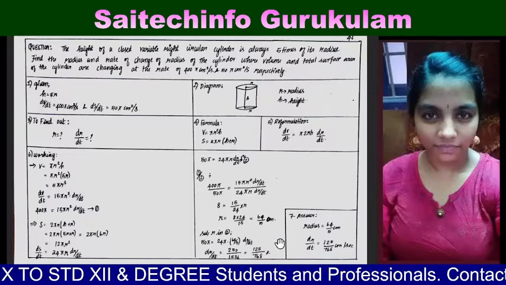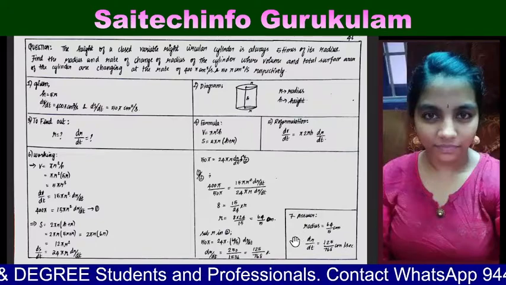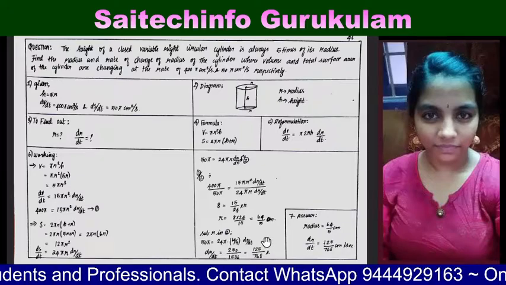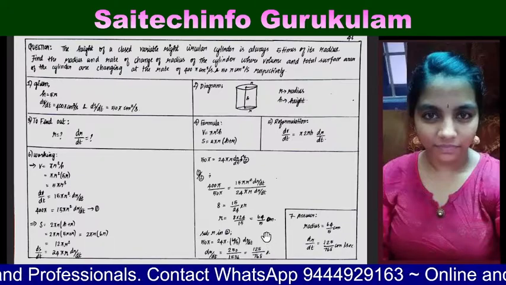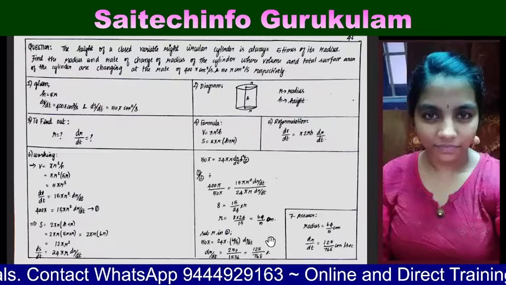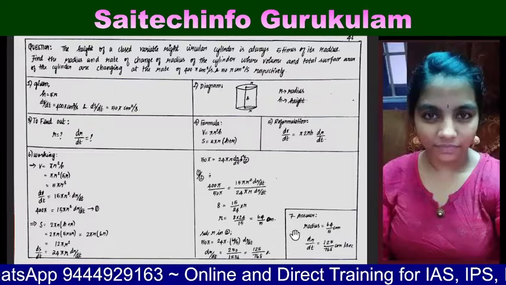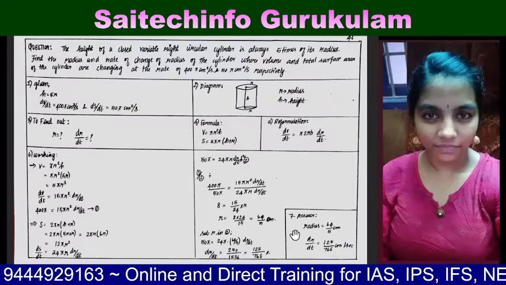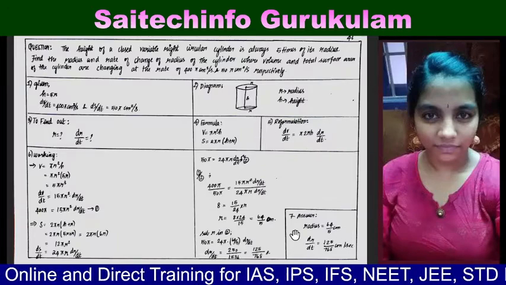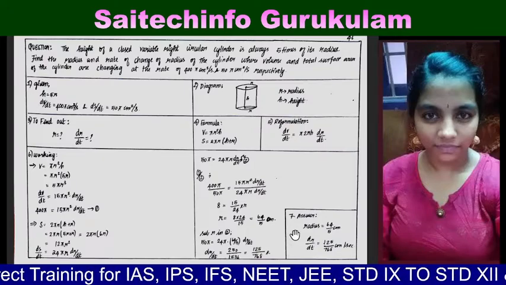In place of r, I am going to substitute 64 by 5, into dr by dt. So we have to find dr by dt. To find dr by dt, I am just rearranging it, and dr by dt is equal to 250 by 1536. On further simplification, we get 125 by 768. So the final answer: radius is equal to 64 by 5 centimeter, and dr by dt, that is differentiating radius with respect to time, equal to 125 by 768 centimeter per second.